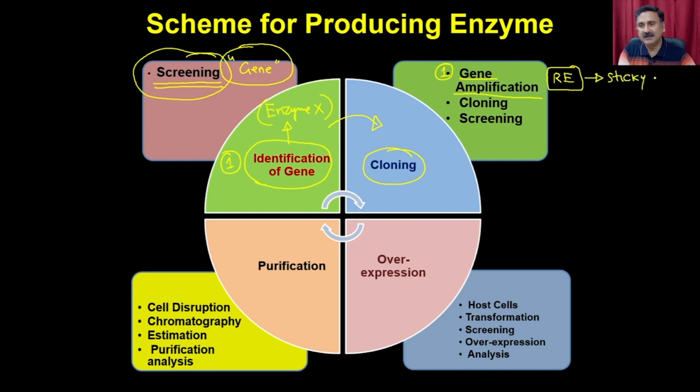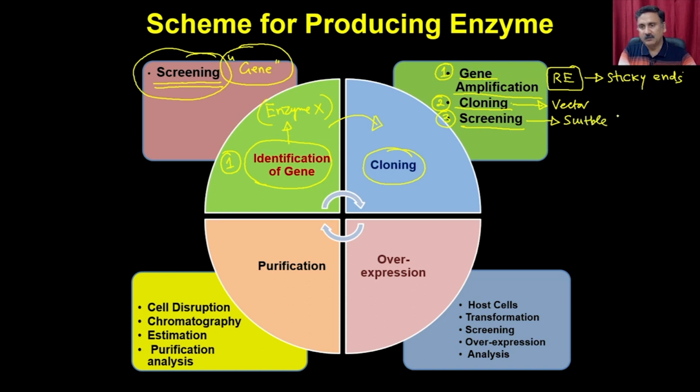These sticky ends then facilitate the entry of this particular gene into a suitable vector, and that's how you produce the clone. So in step number 2, you do the restriction digestion so that the sticky ends are generated, and then you clone that into a suitable vector. Once you clone it into a vector, you also do a screening of these clones, so that you can select the suitable clone.